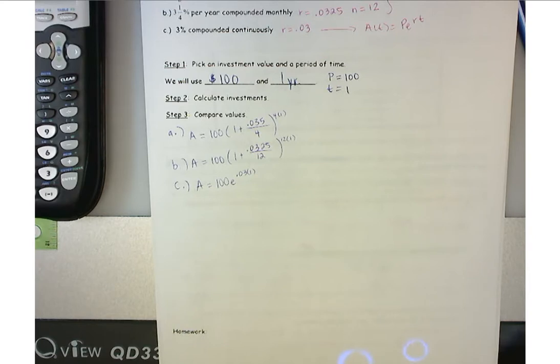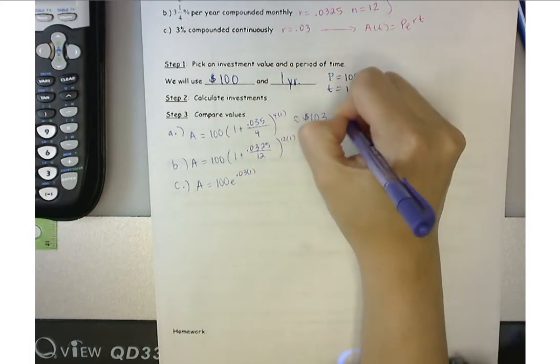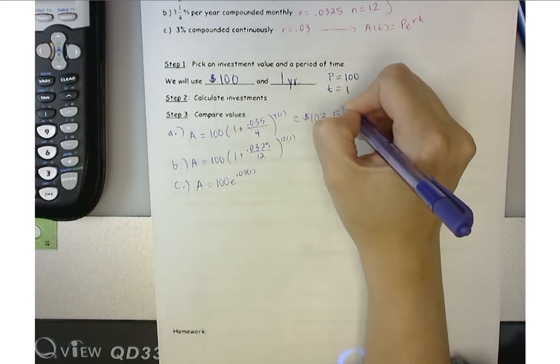All right, and Nora, can you tell me what you got for part A? 103 and 55 cents. Thank you. Do you guys agree with that? Of the 55 cents?